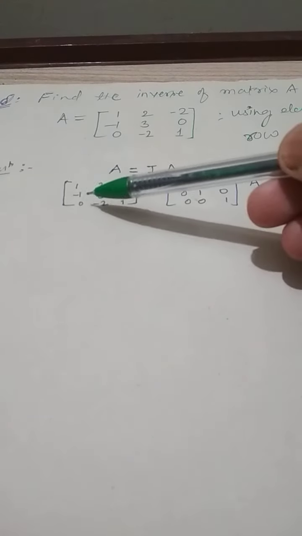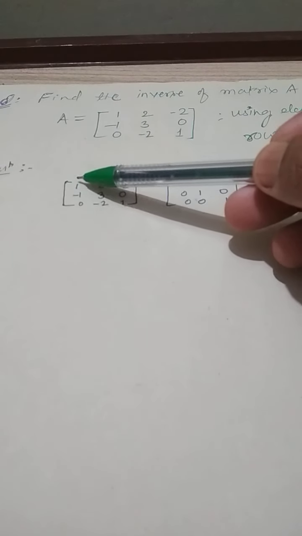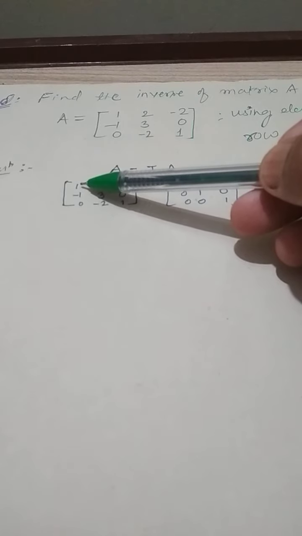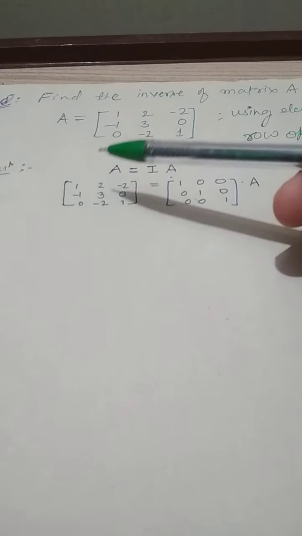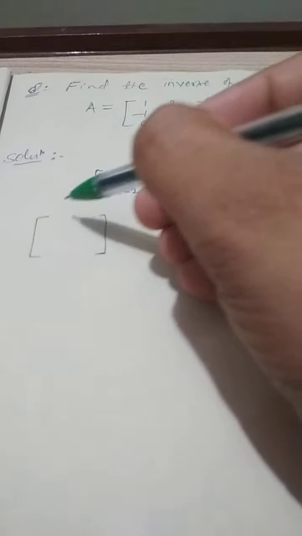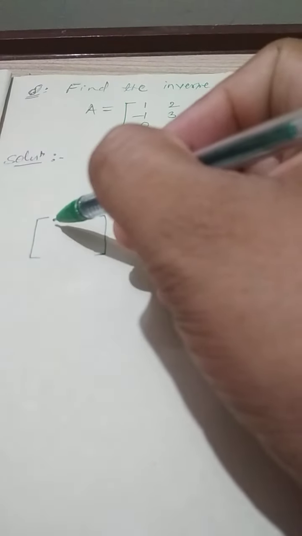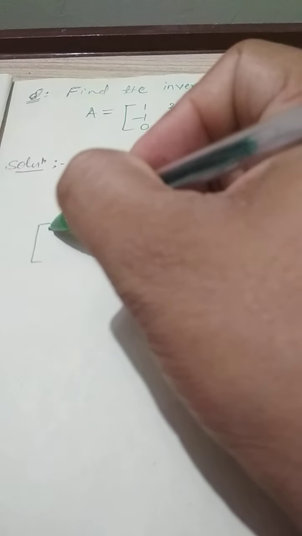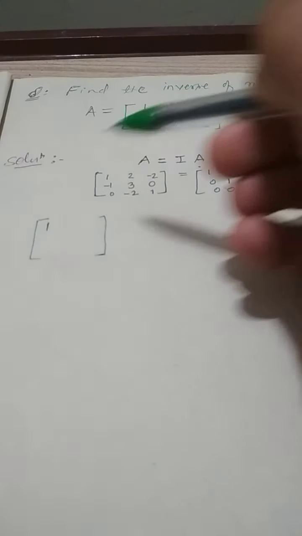So the procedure is: the first and foremost element, first row, first column, should be 1. Whenever you have to find A inverse, first focus on the first row, first column element and make it 1.